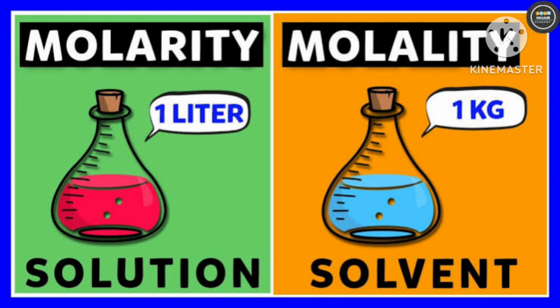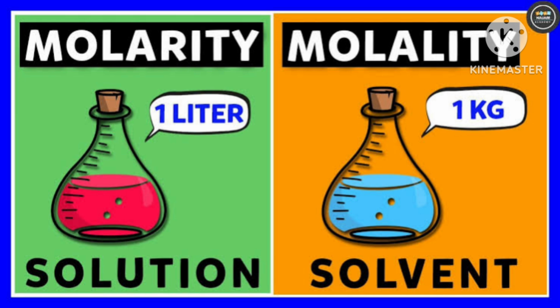Okay. Now here again I want to tell you important things. Here you are talking about mole fraction, but generally in the question they will give mass, which I have already discussed. Again I am repeating: they will give mass of solute and mass of solvent.